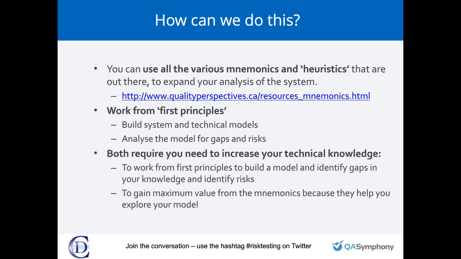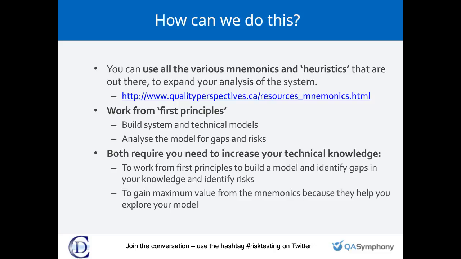You can also work from first principles, which is what I tend to do, where you build a system and technical model. You look for gaps in your model, you look for what you understand and what you don't, you look for the communication links, and you just do systems analysis on that and try and break that apart. However, both of these approaches, in order to maximize the benefit, require you to have technical knowledge.